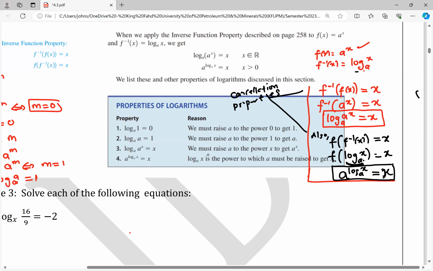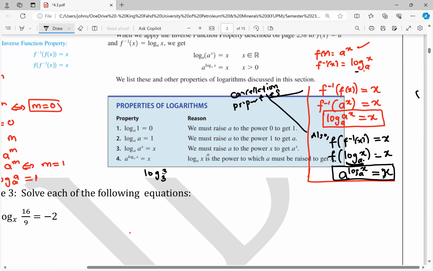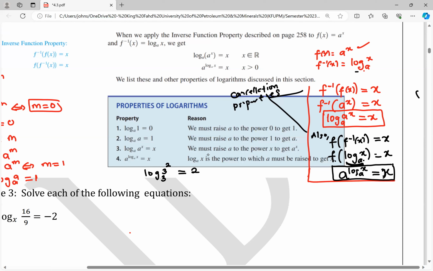So just a quick one. What does that mean? To apply this property, if you have log to base 3 of 3 to power 2, your answer should just be equal to 2. This is by using property number 3.